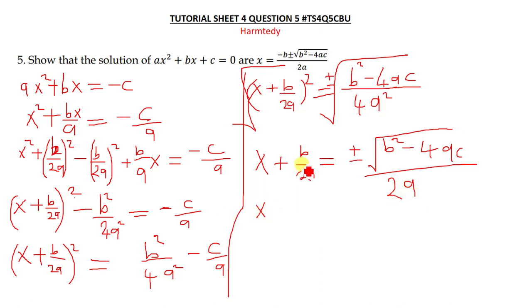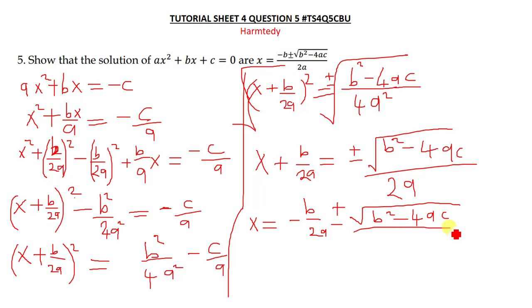Then we can take this to the other side of the equal sign, meaning here we're just going to remain with x is equal to negative b over 2a plus or minus the square root of b squared minus 4ac, then everything divided by 2a.